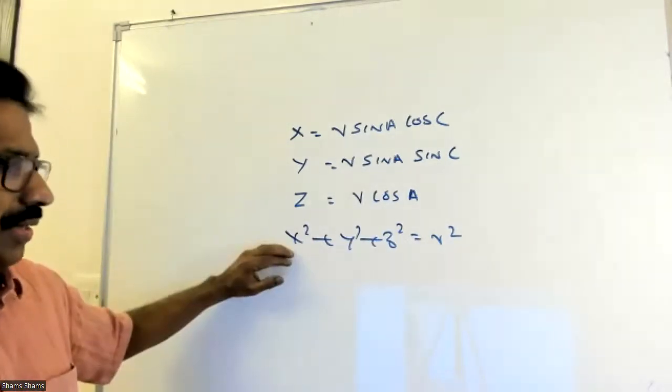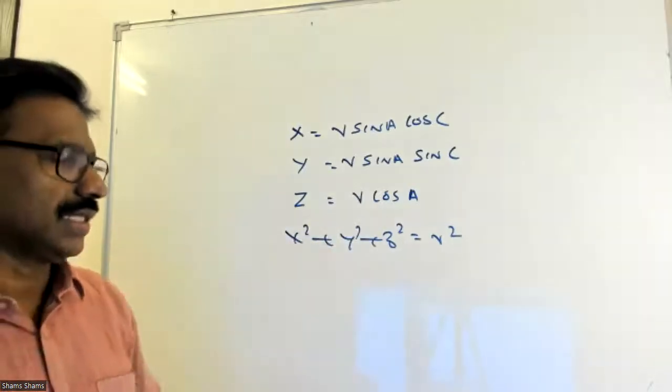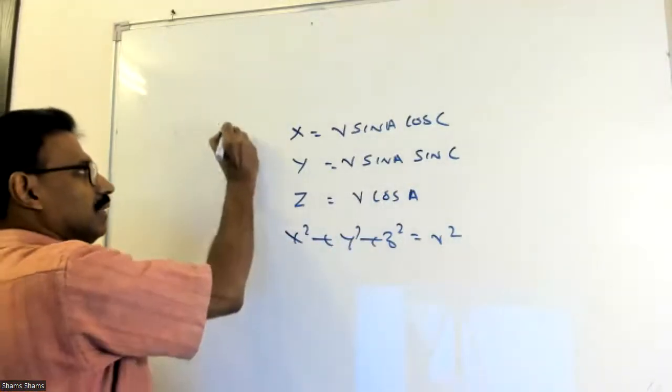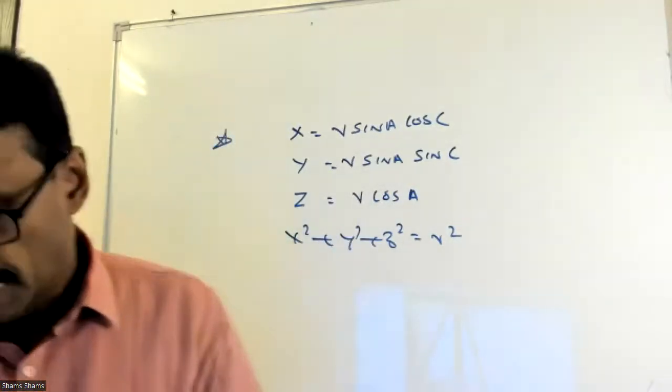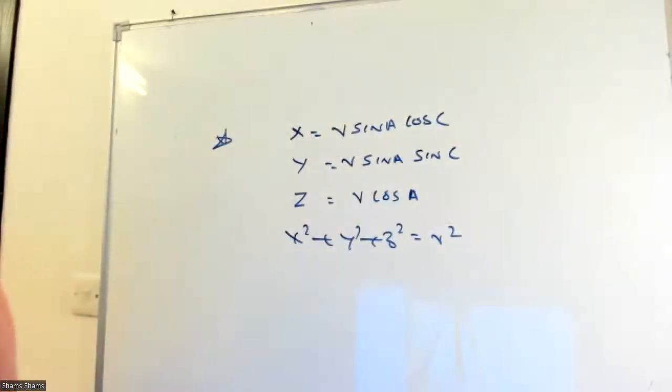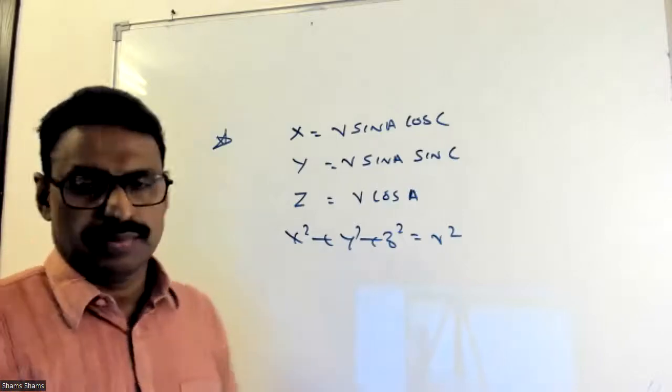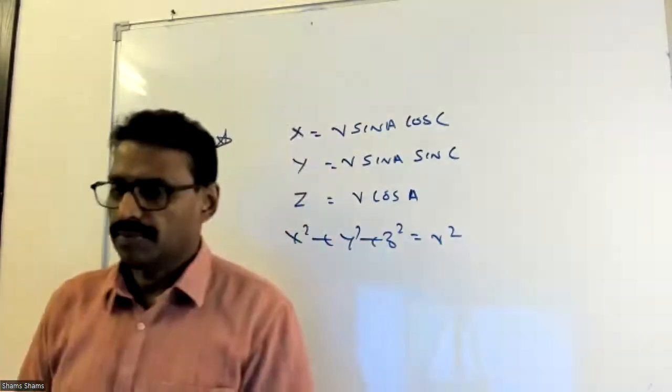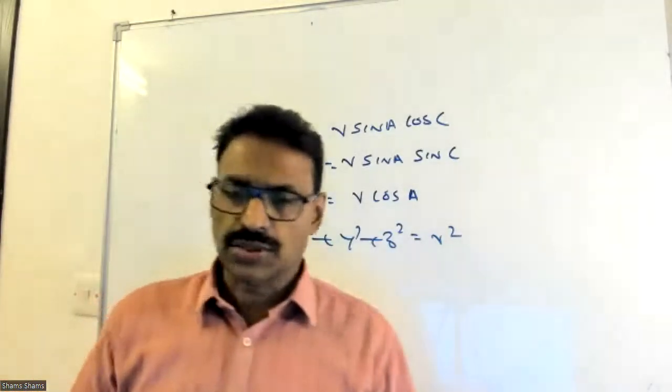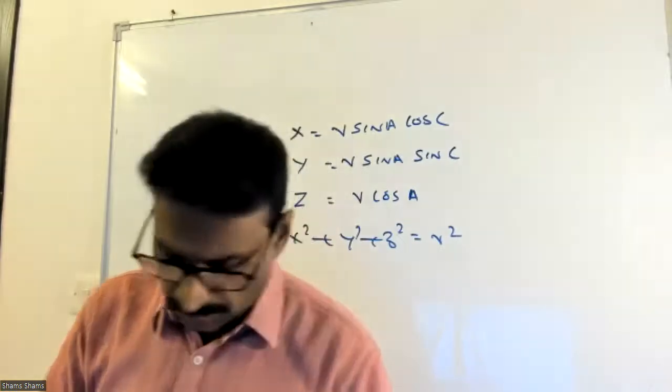Show that x square plus y square plus z square equal to r square. Okay, try this.